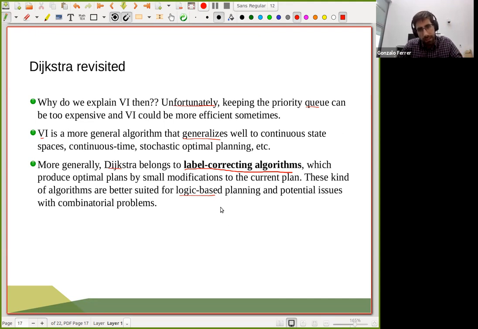It's just small changes, and at the end you are going to end up with a solution. Combinatorial problems are a good example of this. We have 3 credits, so I'm not going to get too much into this, but just know that there's a way of looking at Dijkstra as value iteration with clever tricks, or as this label correcting algorithm, where you have a plan and you update it little by little with new candidates, and then finally you get a plan.